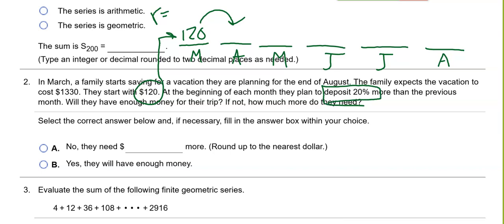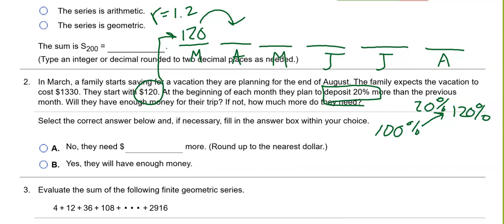So what is the multiplier if you raise something by 20%? 1.2. Did you put the 1 in front? No, I'm sorry. Okay. No, that's fine. I just want to make sure you remember that you're starting with 100% and you're going up 20%. So it's 120% the following month, which is why we need that 1.2.